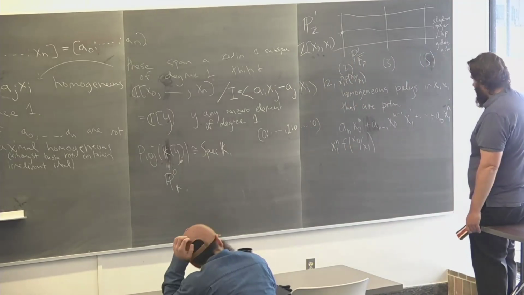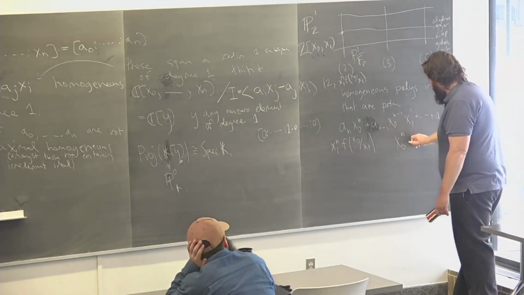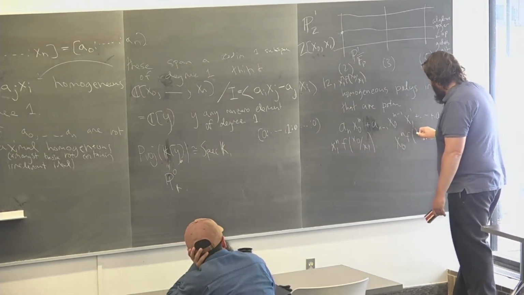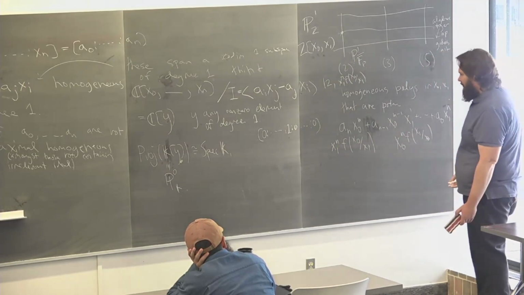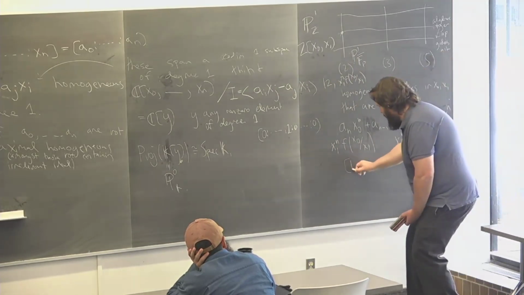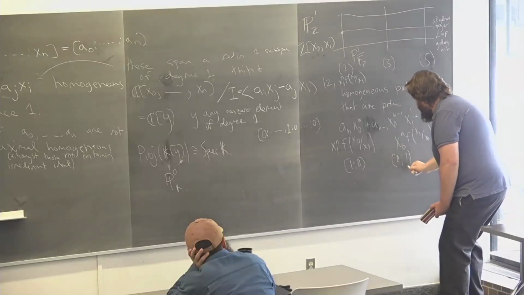And maybe the thing I'll note here is that it was a little arbitrary whether I did this or x0 to the n f of x1, x0. So I have to also remember that I have points that correspond to both (1, 0) and (0, 1).